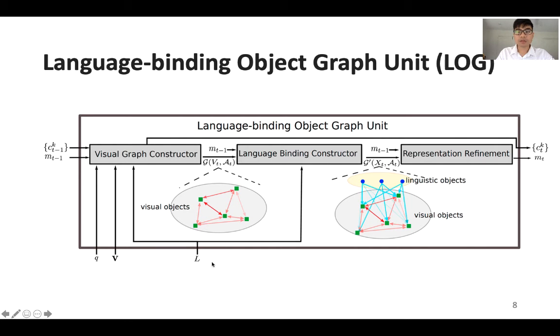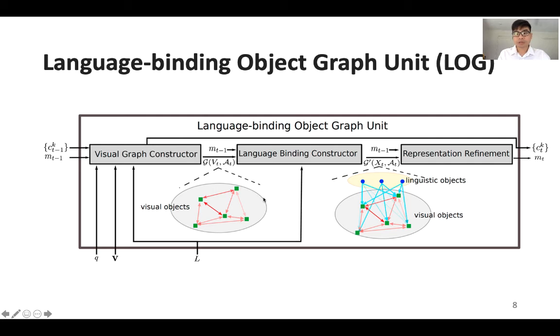For example, given a question, what is the blue object in front of the red big block? An early log unit may use some words only, let's say the blue object, while another log unit might use the red big block to decode the visual graph.